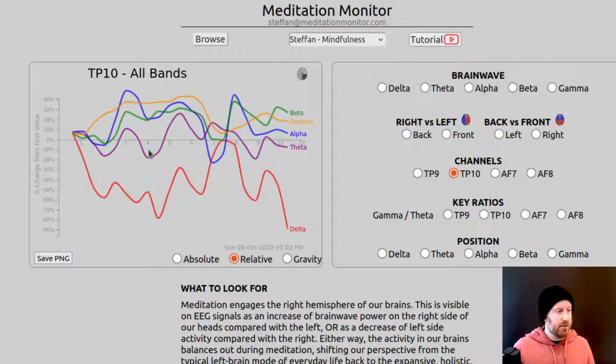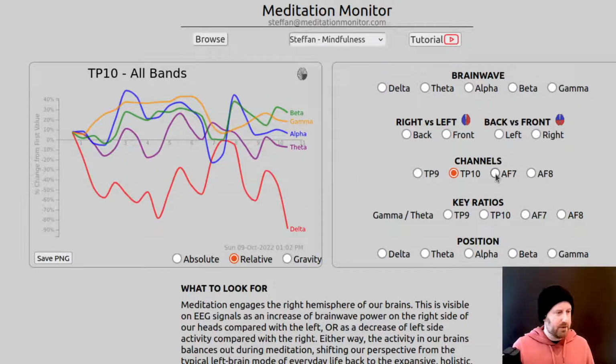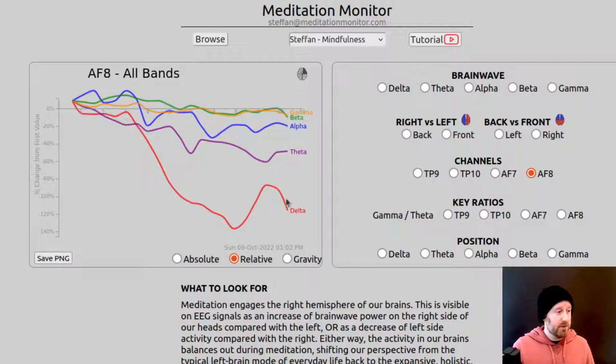So let's see. Anything else to say about this relative? Let's just take a look. So for this session, mindfulness, it appears that there's a lot of downward motion here in a lot of bands. There's a lot happening here, which is really cool to see on this relative chart.